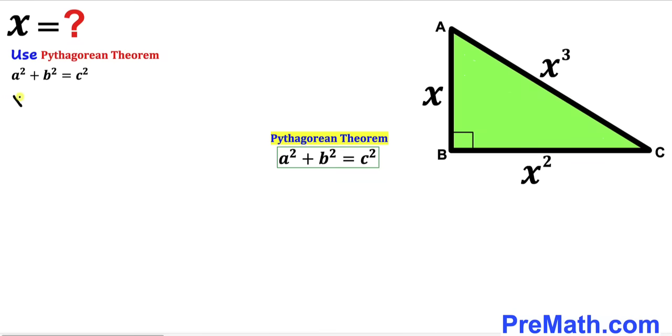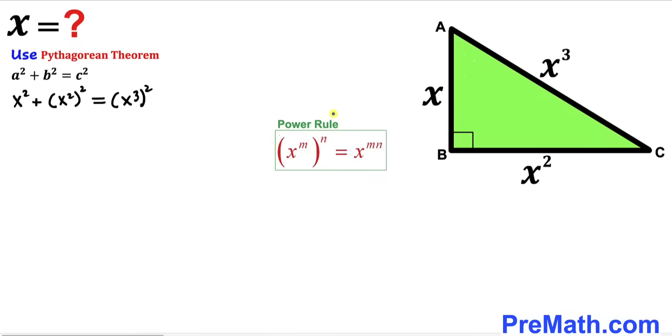So we get x squared plus x squared, squared once again, equals x to the power 3, squared. Now let's recall the power rule of exponents.